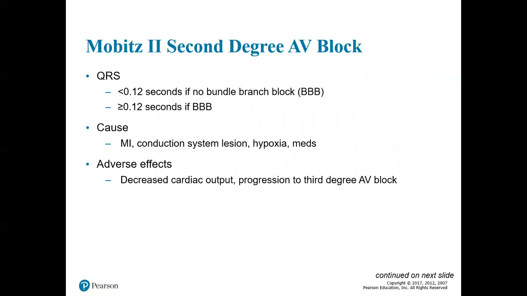Some of the causes of your Mobitz 2, again, can be a heart attack, some type of conduction system lesion, hypoxia, or medications. Adverse effects could be that the patient presents with decreased cardiac output, short of breath, maybe weak, and the thing with your Mobitz 2 is it can progress on to a complete block.